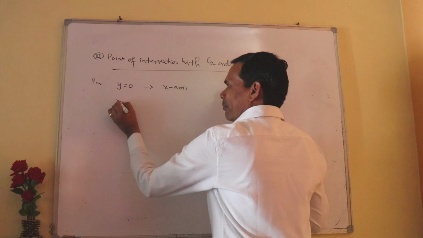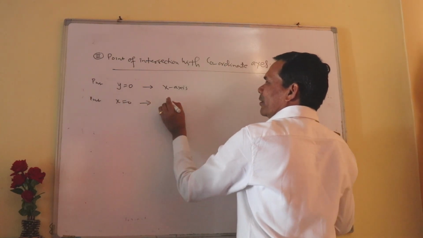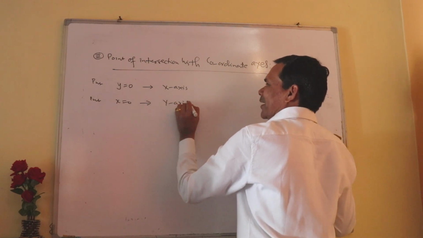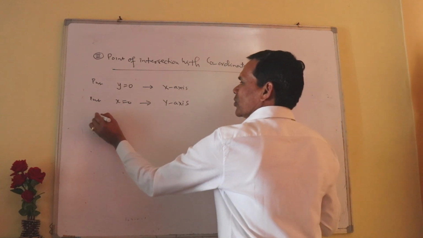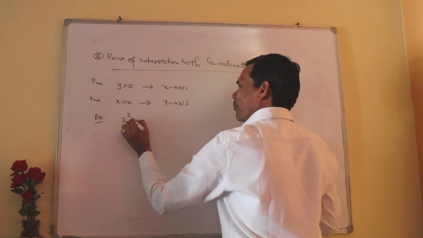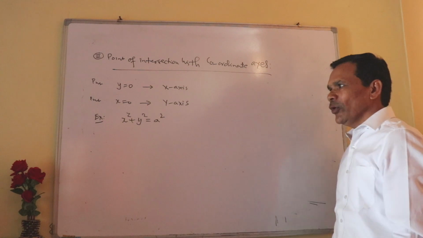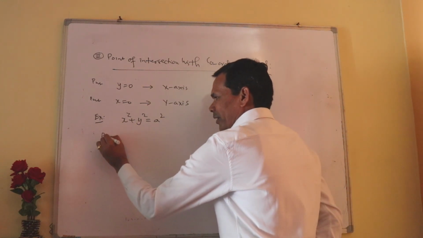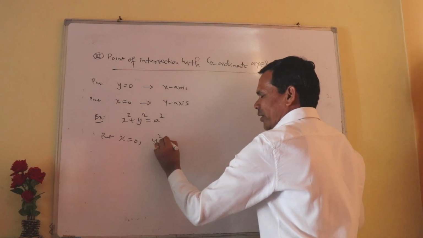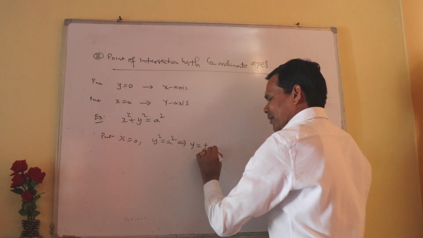Similarly, vice versa, by putting x equal to 0 in the equation of the curve, we get the point or points where the curve meets the y axis. For example, suppose I take the circle x square plus y square equals a square. Now I put x equal to 0. Then y square equals a square, meaning y equals plus or minus a.